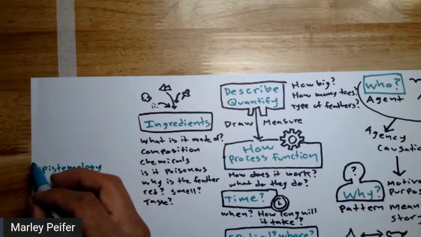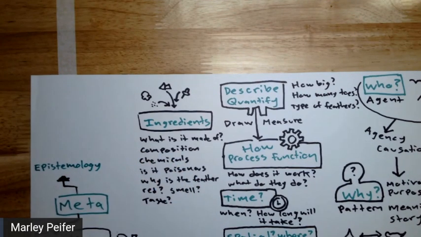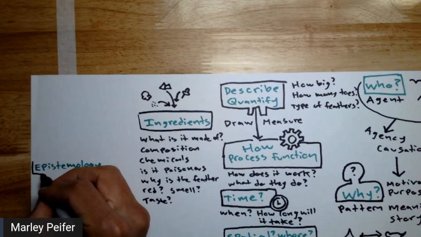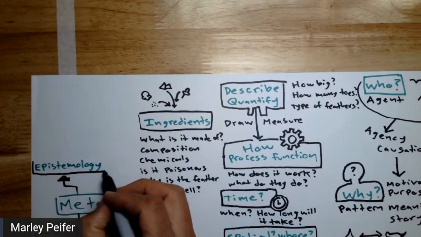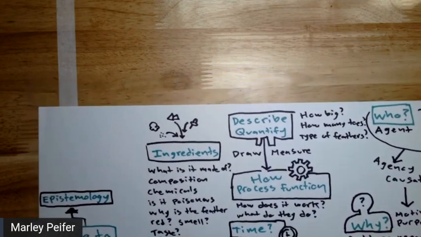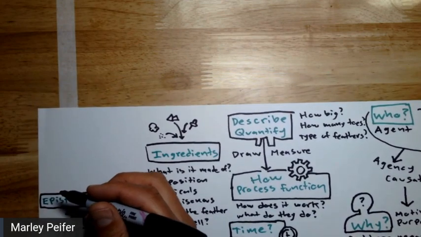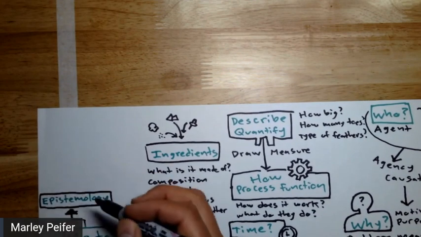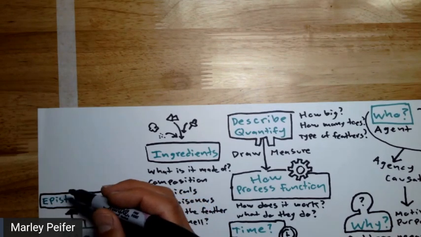How do we know what we know? So this is really important when you're nature journaling and you're bringing in outside information that you haven't observed directly. That's one example. So for example, how do I know about robins?